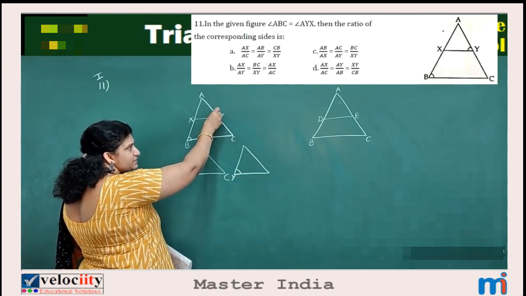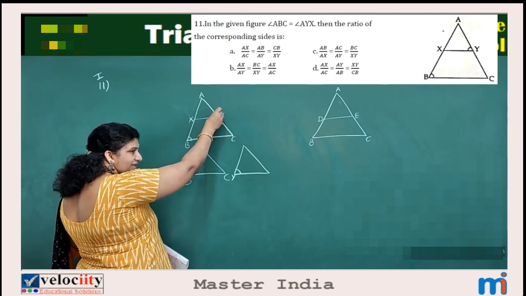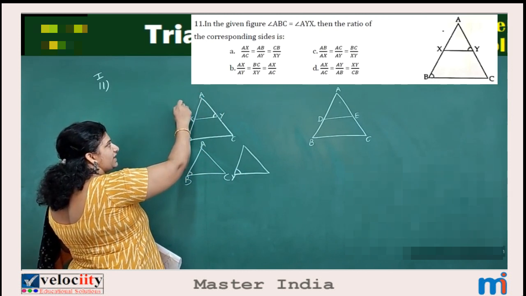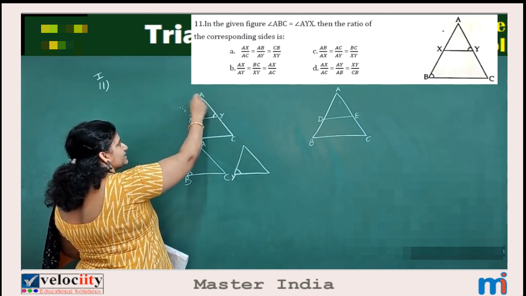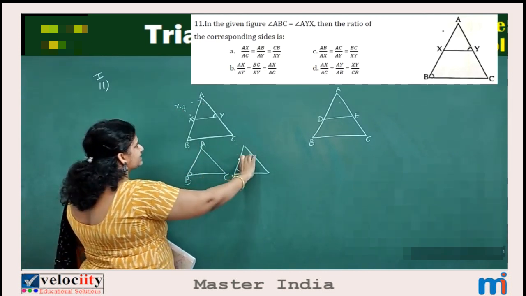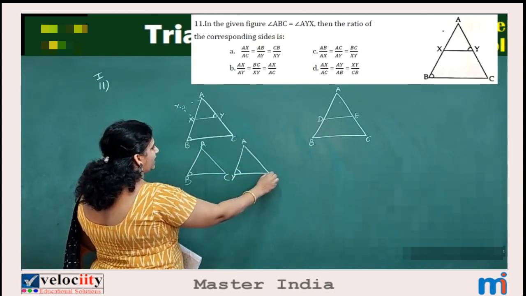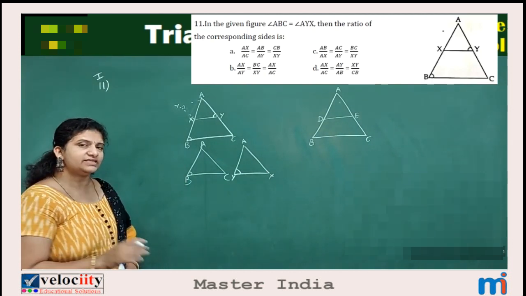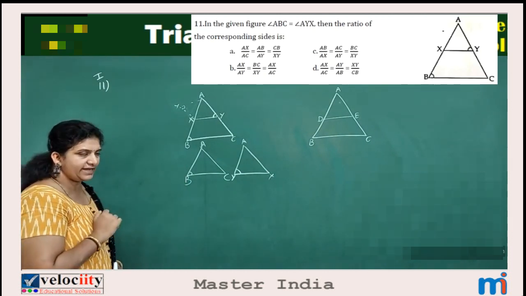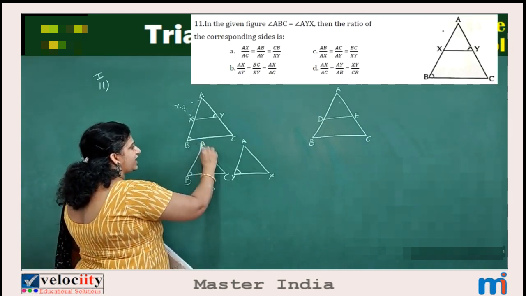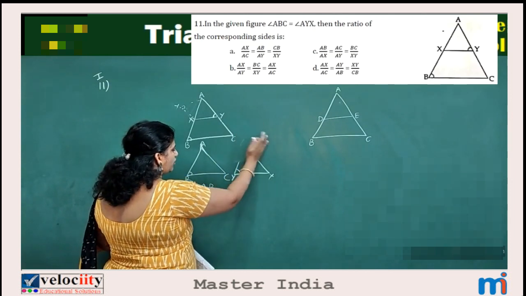That means this point, you just imagine in your mind, take this Y angle, lift it up and place it here. That means like this you get. So this triangle, now place it here, A, Y, X. Now if the figure is like this, it is very easy to compare the corresponding sides. Now compare AB. This is the big triangle, whereas this is the small one.